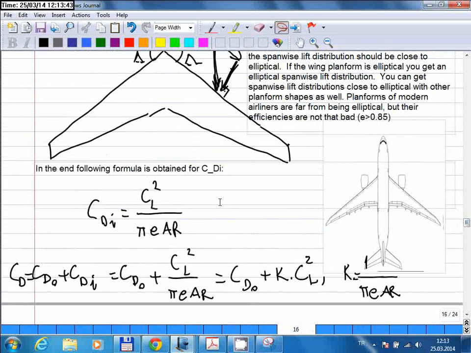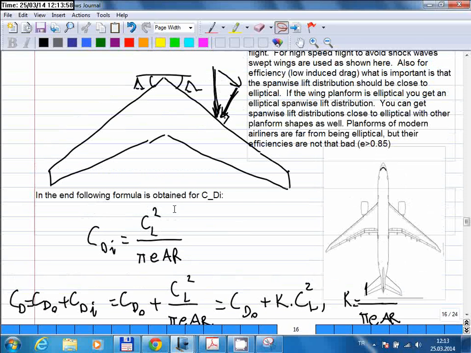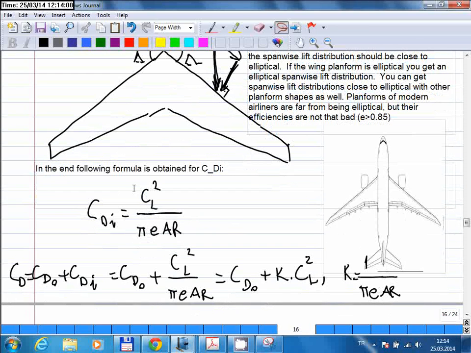Okay, do you have any questions? Okay, so in our future calculations, we will be using this drag polar equation a lot, and for that we need to calculate this K parameter.